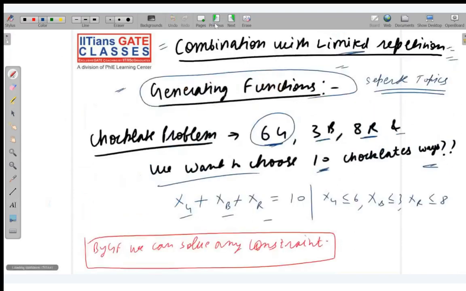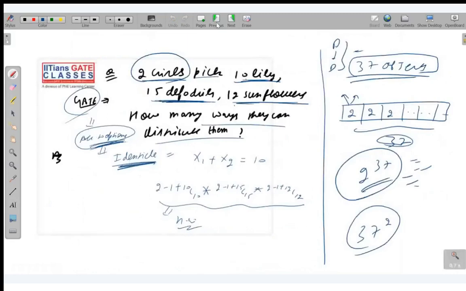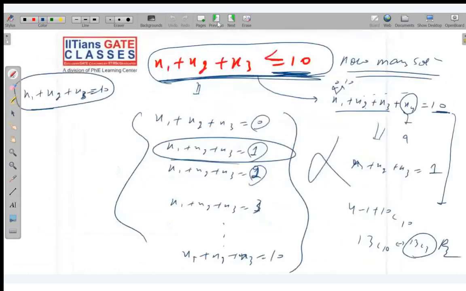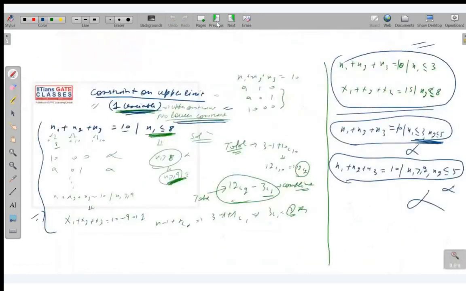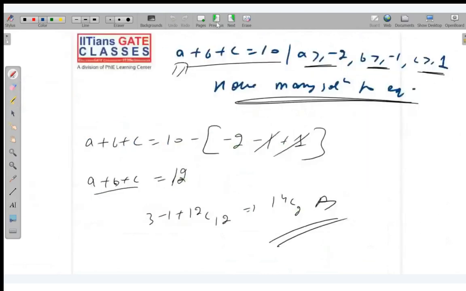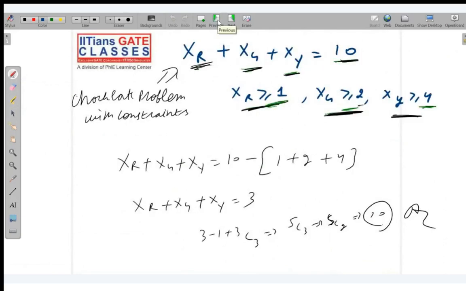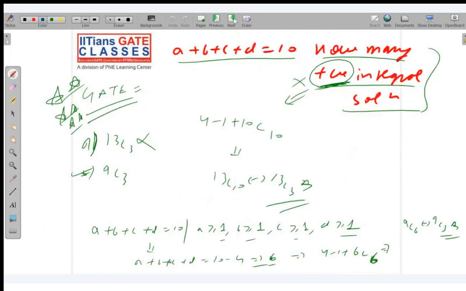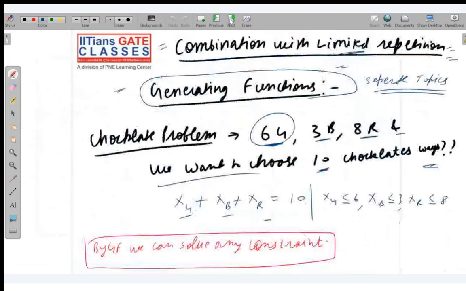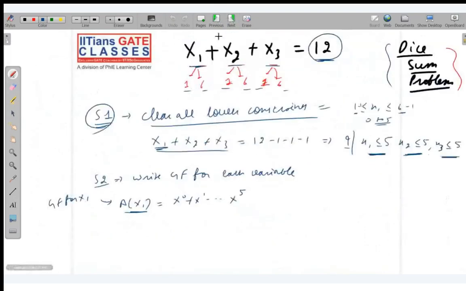In the previous slides, wherever we did the lower constraint kind of things, there was no problem because there was no lower and upper constraint at the same place. But here we have lower as well as upper. So for that scenario, I have to subtract 1.